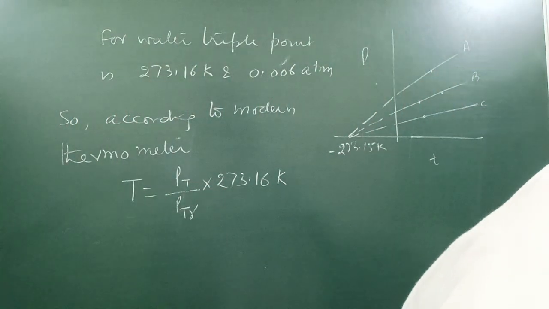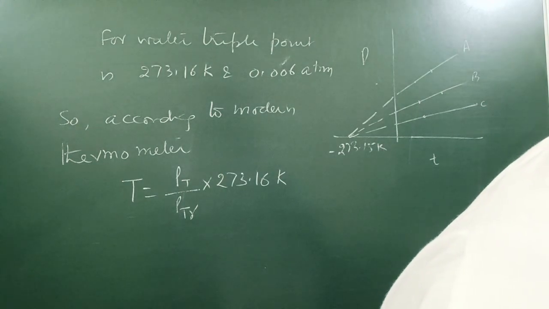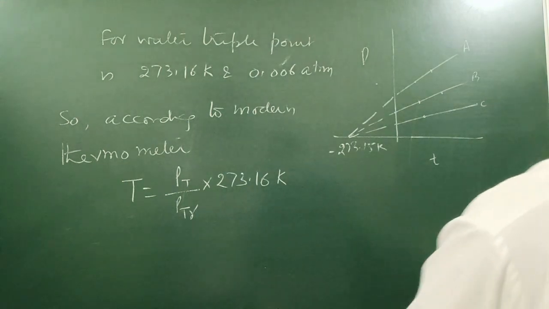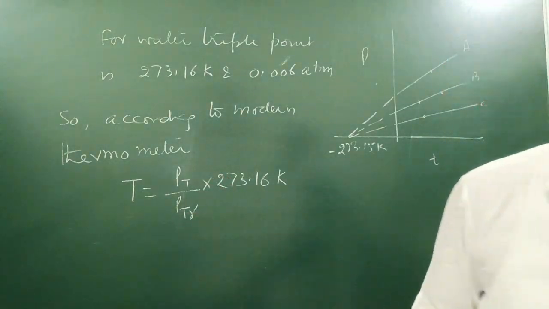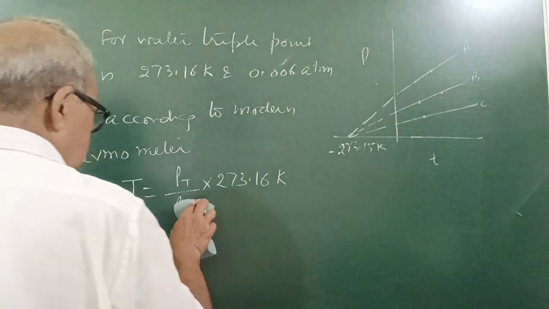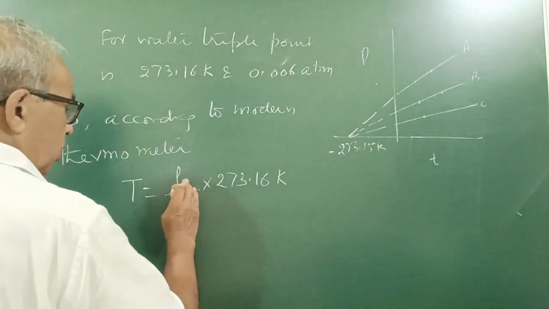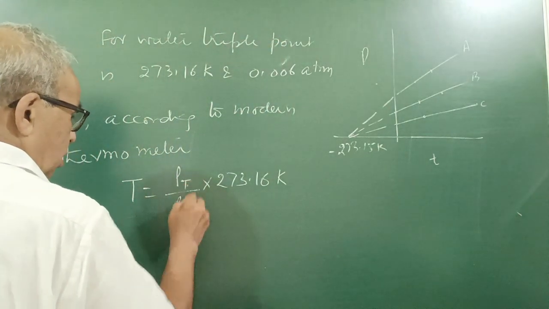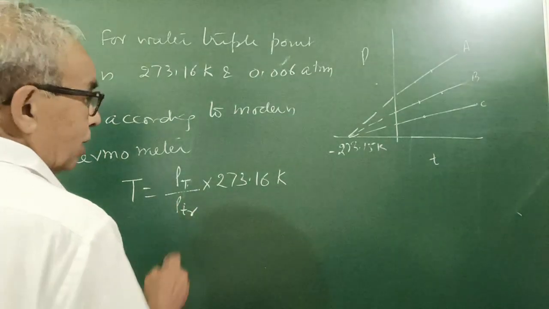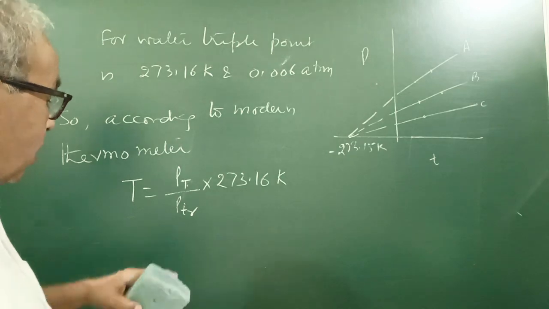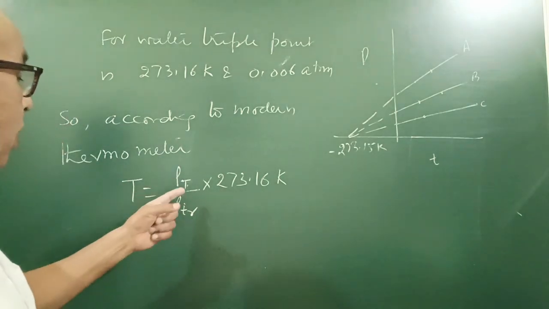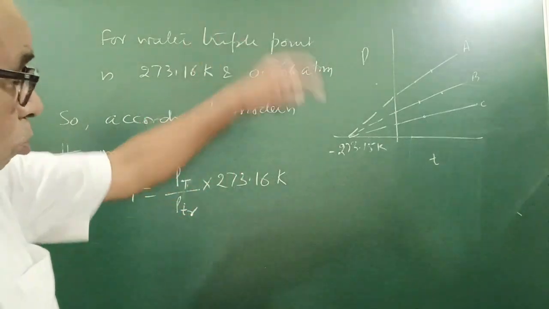This is the temperature. PT upon PTR, you can write small also: PT is the pressure of the gas at the temperature of the body, and PTR is the pressure of the gas at the triple point of water.